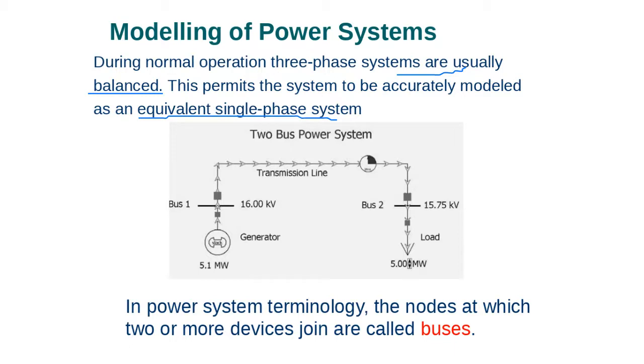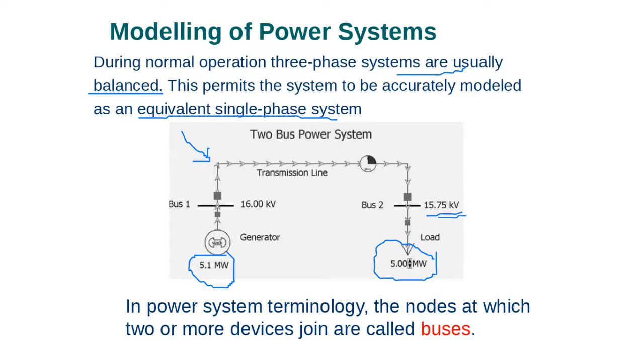So when you see this line here, it's a three-phase line. But because it's balanced, the phase A will be similar to phase B in magnitude, of course. We're talking about magnitude. And the power that you see at the bus is for the three-phase, not single phase. The voltage that you see here is line to line.